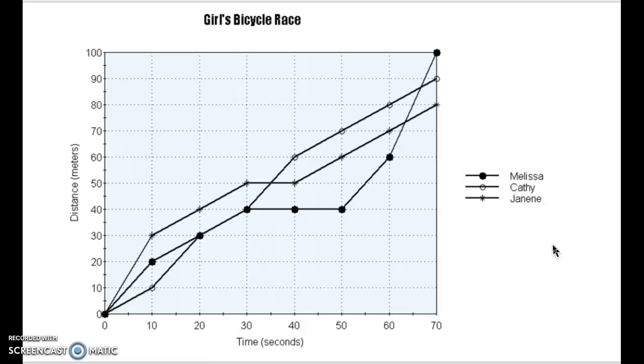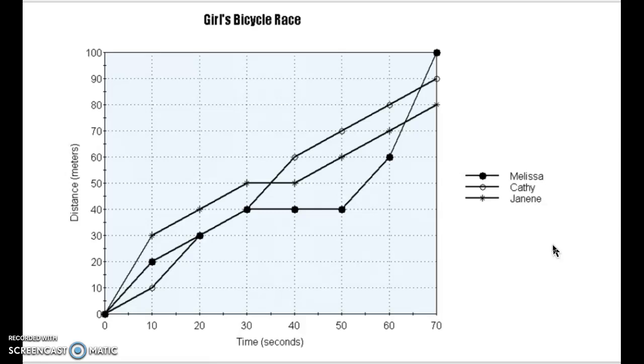Also, please tell me how far did Janine go in 10 seconds? And how long did it take Melissa to get to 40 meters?